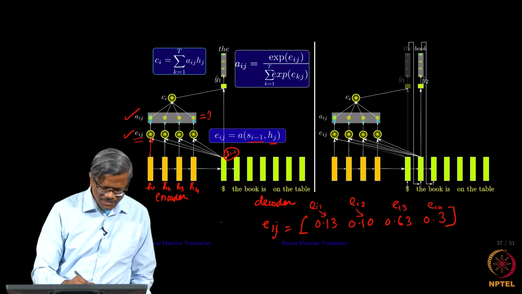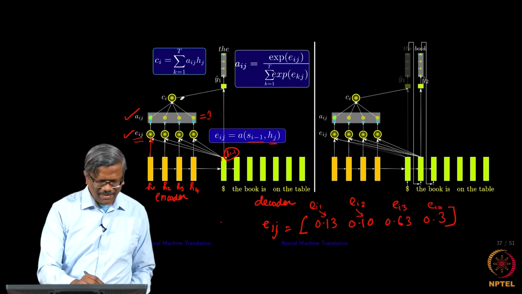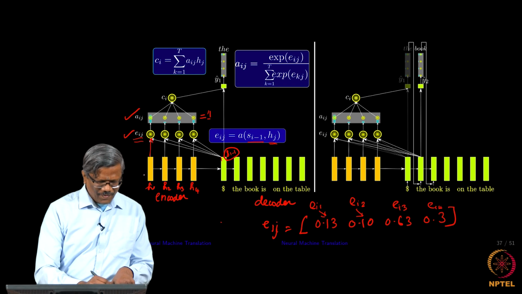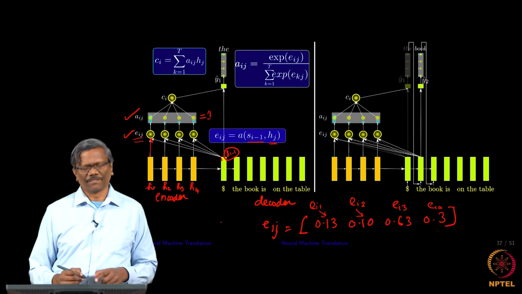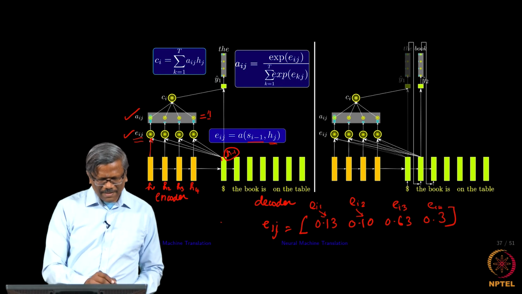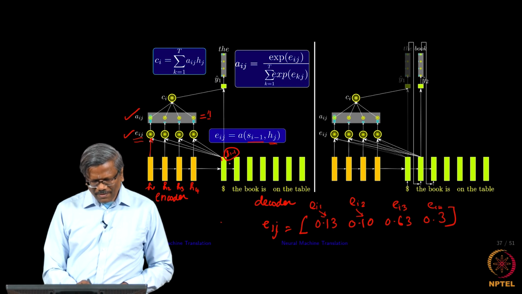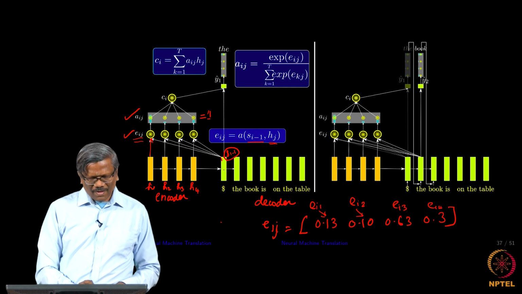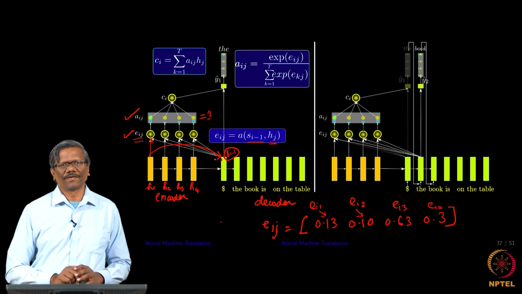The other way is to take the value from here and then do it. So there are multiple ways of creating the context: one, directly taking the value from this and then creating a weighted sum, or you can also do it this way. Okay, so what we have seen so far, when we compute the values of Eij, Aij and Ci, is that the decoder is trying to find out who is aligned with me at this particular time slot.